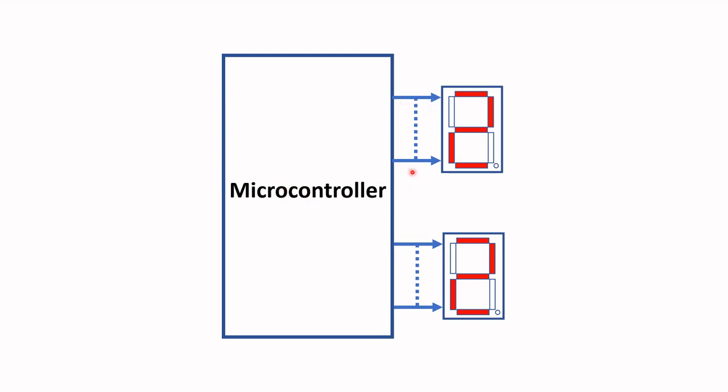Now, if that is the case, then we have committed all the I/O ports to the 7-segment displays, and there's nothing else you can do with the I/O ports if that's what we want to do.